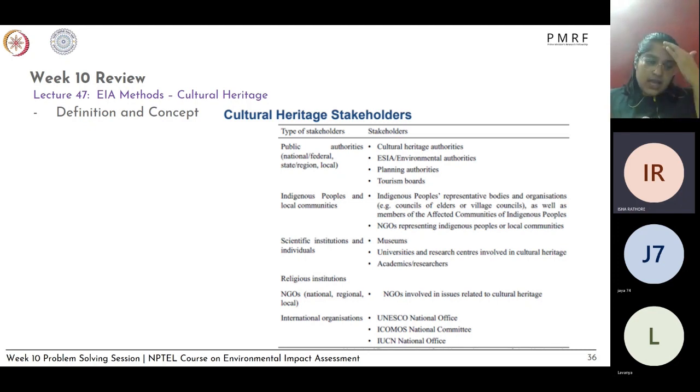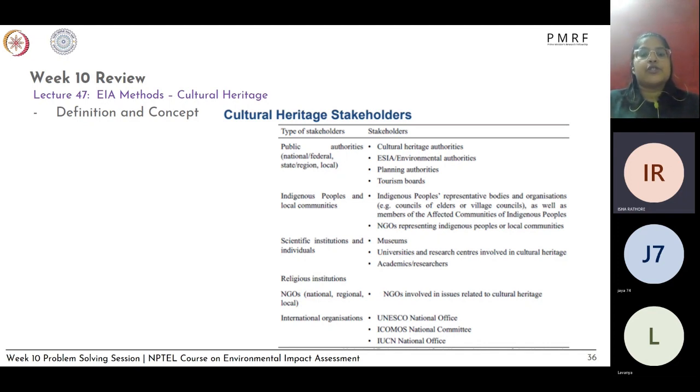And then the second class of stakeholders are indigenous people and local communities. These are people who use these areas in a balanced and sustainable way, but they are dependent on these areas.